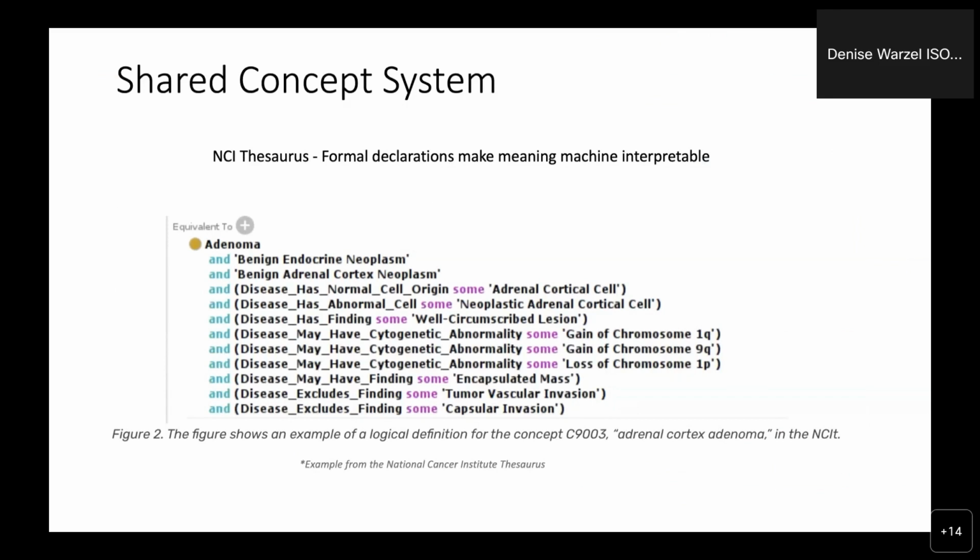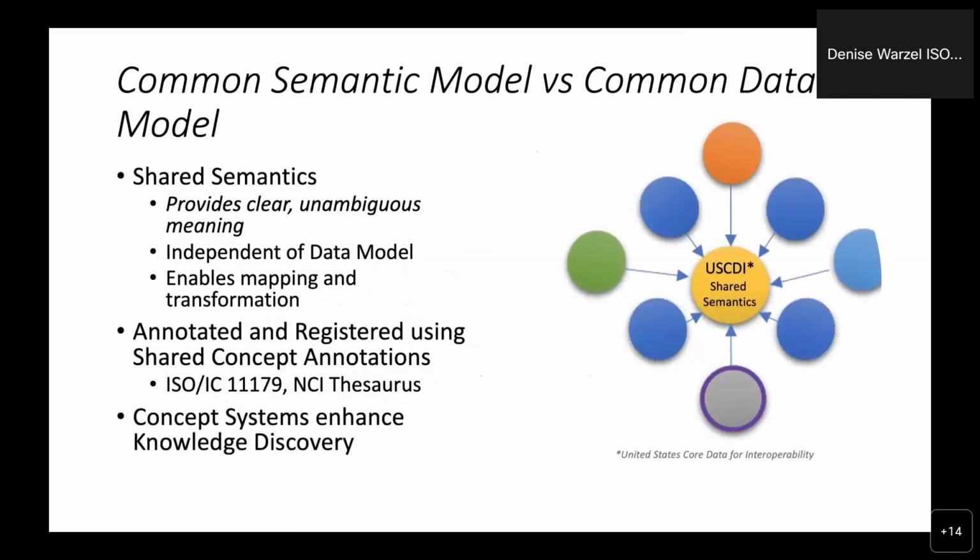For example, that the concept of adenoma may have cytogenetic abnormalities in these 3 different chromosomes. You wouldn't get that if all you had in your data was the fact that they had an adenoma. So that linkage to the concept system gives us an entry point into a much deeper knowledge base. And so, in summary, really, the semantic model has been chosen instead of the common data model approach.